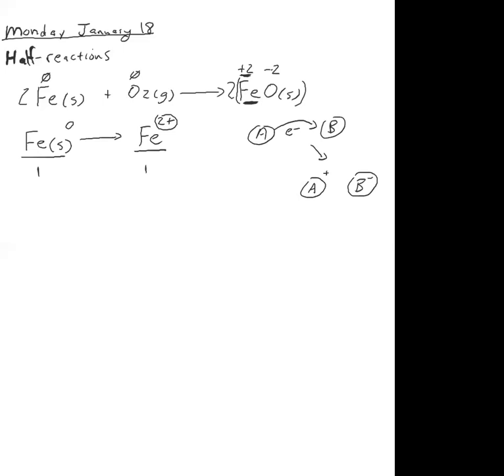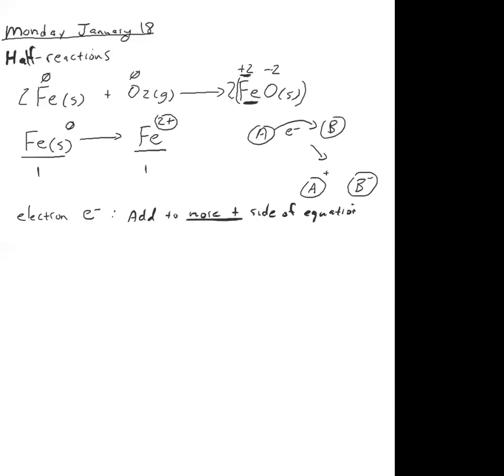So the way we do this is we use the symbol of an electron as an e negative, right? The negative is a superscript. So that means it's an electron and electrons are negatively charged. What you do is you add these to the more positive side of the equation. Okay, the more positive. So let's look at this equation here.